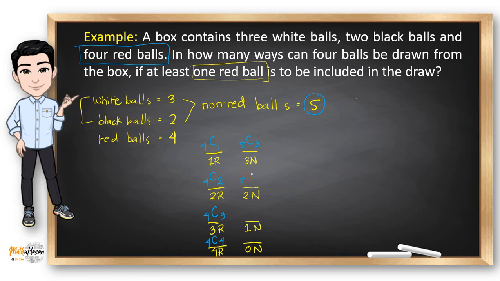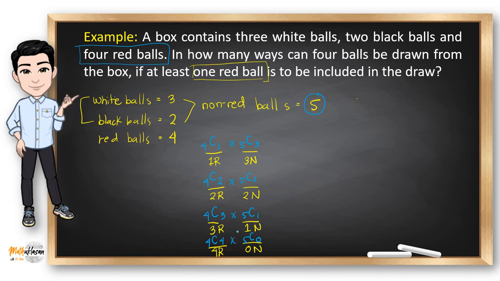For this case, it's 5C2 because we just need 2 at a time. And here we have 5C1 because we only need one non-red ball from the 5 choices. And of course here, we don't need any white or black ball, so it's 5C0. And as we all know, the formula for the counting principle here is multiplication.